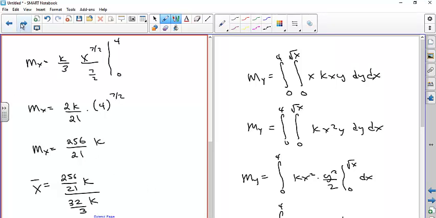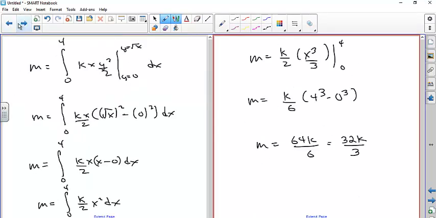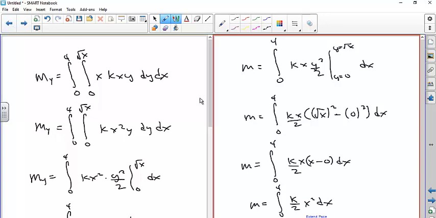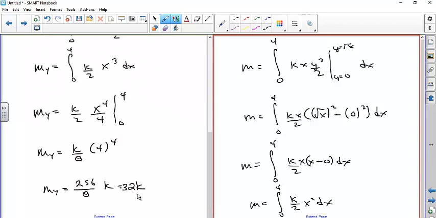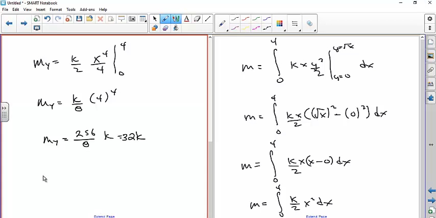Must be later here. Yeah, 32 thirds k. Okay. So you got x is, wait a second. Gotta go back one more page.